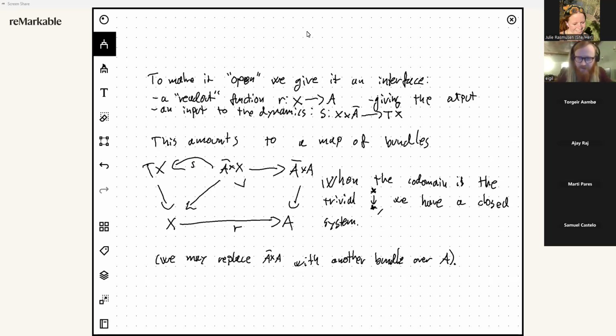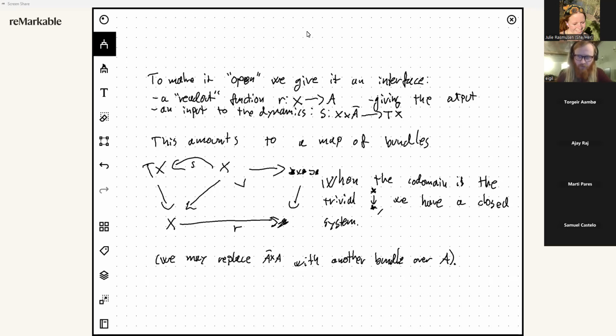So what I was saying is, if this bundle is trivial, like if the output is just a point, and a bar is also just a single point, so this is point times point, which of course is just point, then the pullback is just x, or x times point. That's the same thing.